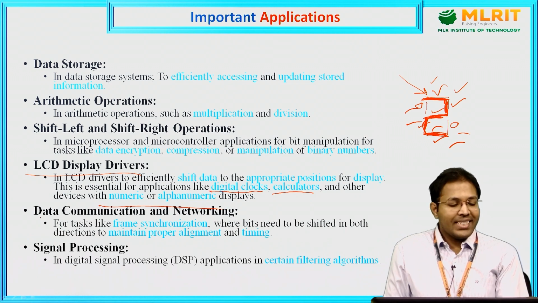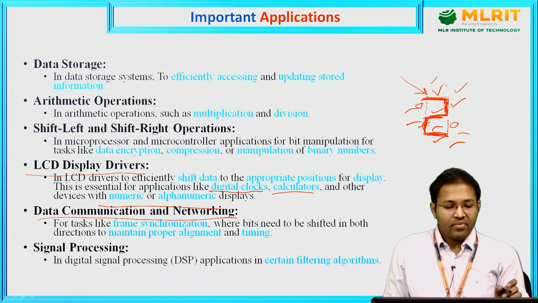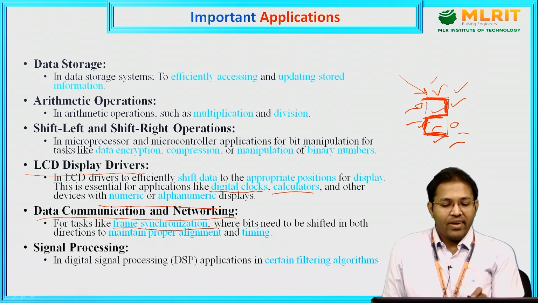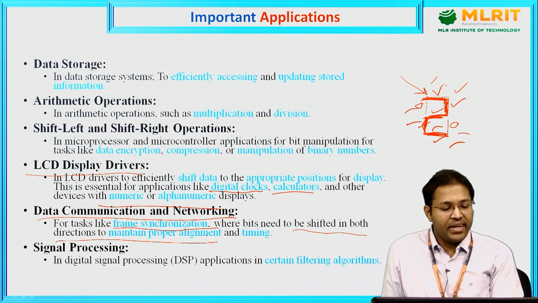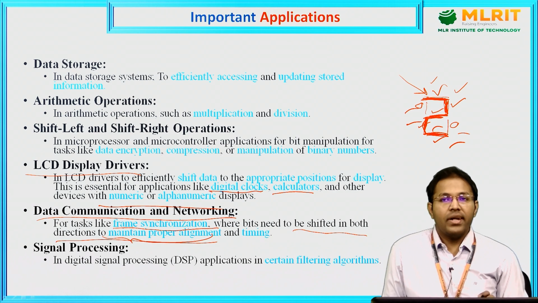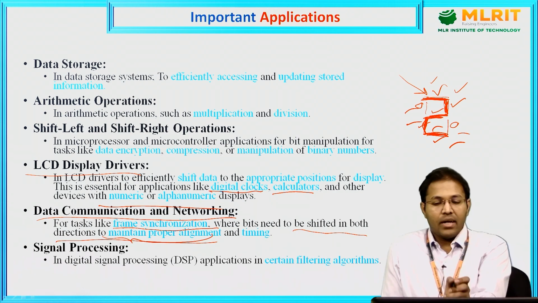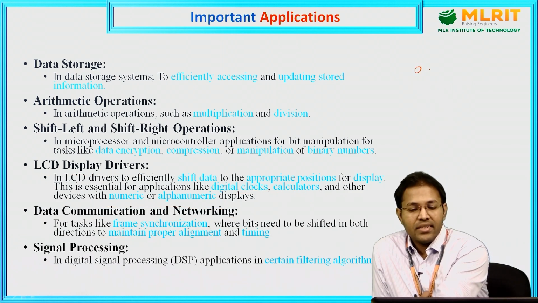Then, next application, data communication and networking. It is used in frame synchronization, where bits need to be shifted in both directions to maintain proper alignment. If you want to align data, for example, let us say there is data like this.